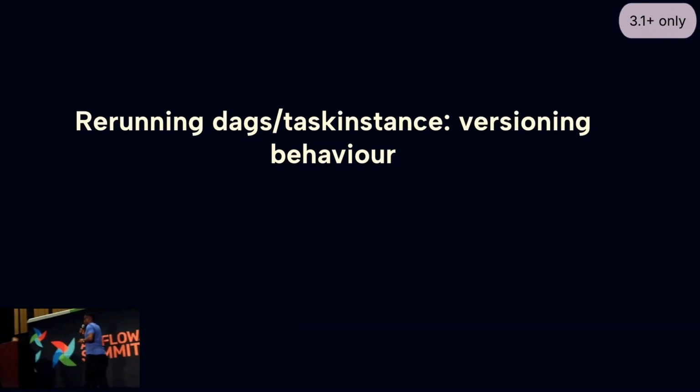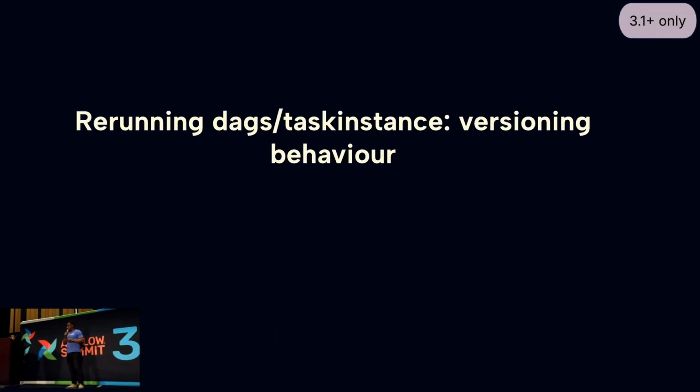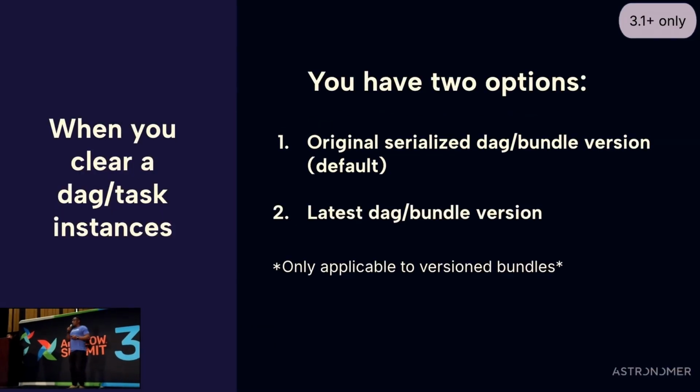So let's talk about versioning behavior when you try to rerun a task by clearing a DAG or task instance. In Airflow 3.1, when you try to clear a versioned bundle, you have two options. The first is whether you want to run it with the original serialized DAG or bundle version that it ran with previously, or you want to run it with the latest bundle version.